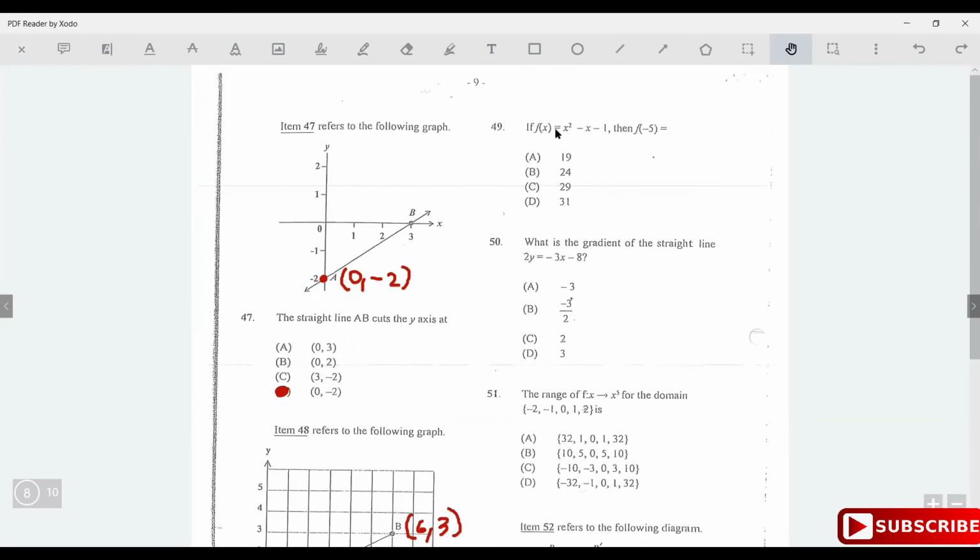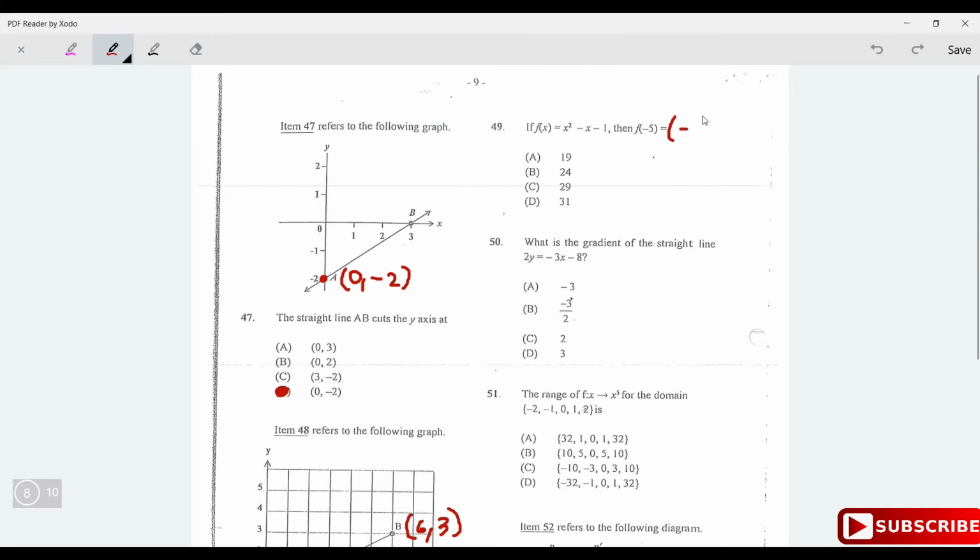Question 49 says f of x is x squared minus x minus 1. What is f of minus 5? F of minus 5 means you put x as minus 5, so it would be minus 5 squared minus minus 5 minus 1. Now remember, when you square any number, it becomes positive, so you get 25.